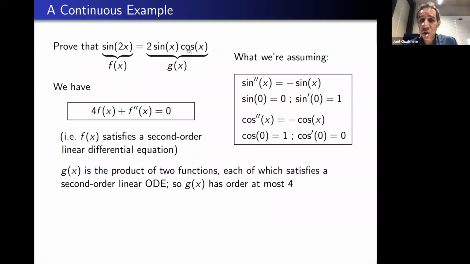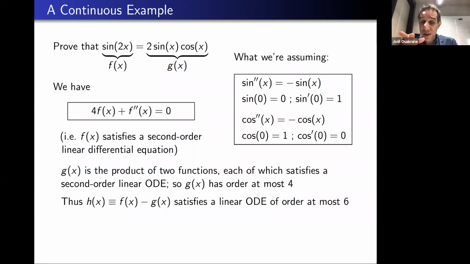And g of x is the product of two functions, each of which satisfies a second order linear ODE. So by a simple linear algebra argument, g of x must obey a linear differential equation of order at most 4. This is straightforward. And therefore the difference, f of x minus g of x, must satisfy a linear ODE of order at most 6.